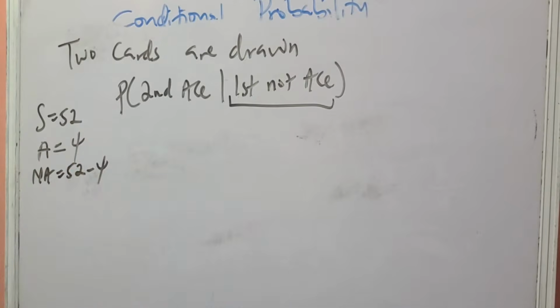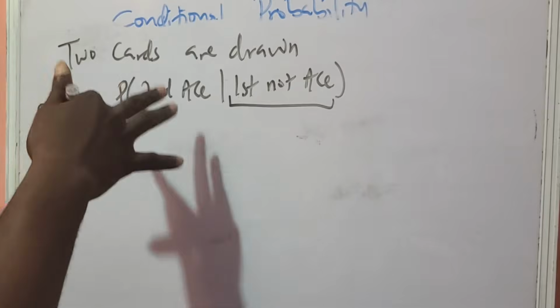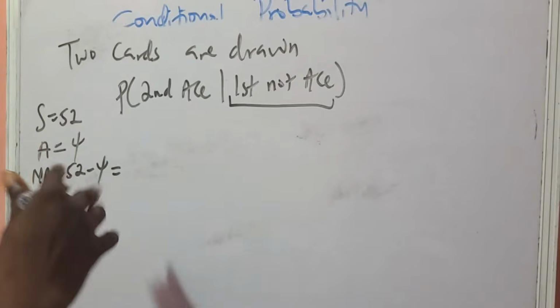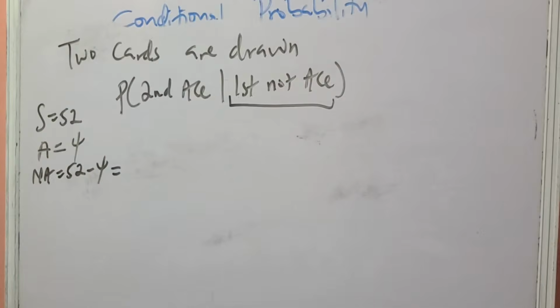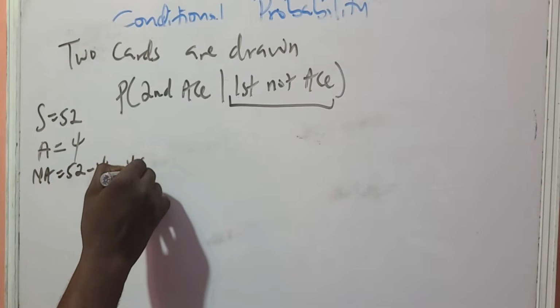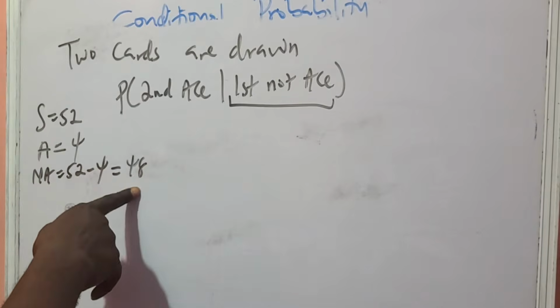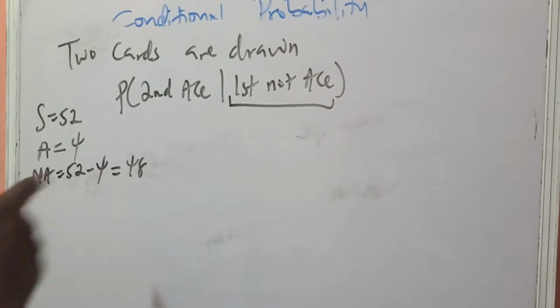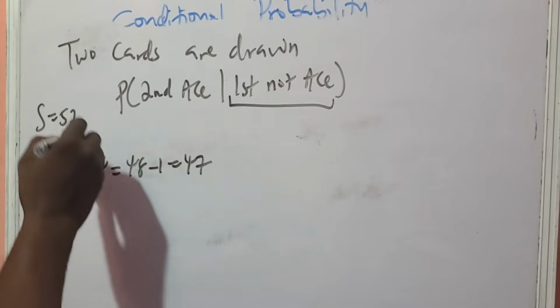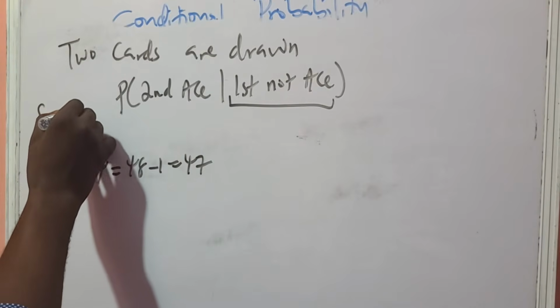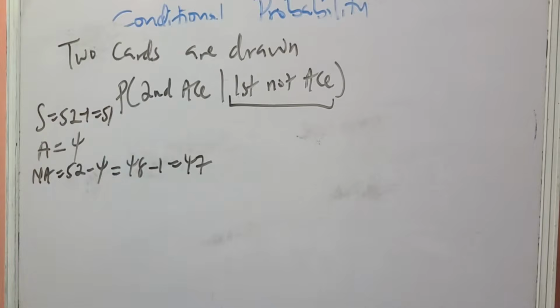But again, that's not very relevant because you were not asked a question around not ace. So you picked something from here, 48 different cards. The first pick was from this 48, so you're left with 47 here. But your sample space also reduced by 1, so you're left with 51.